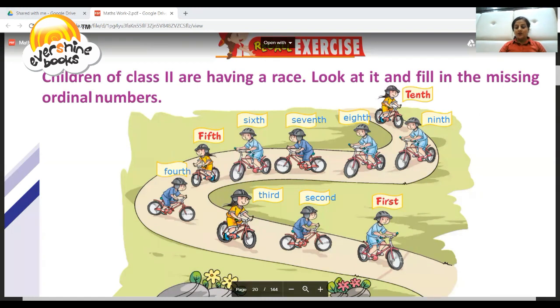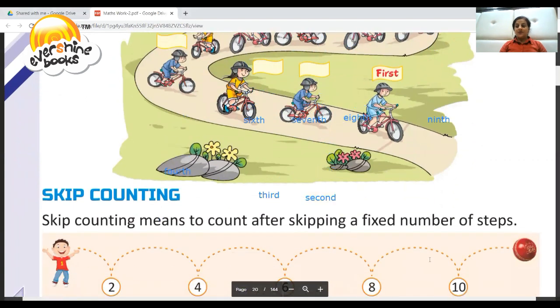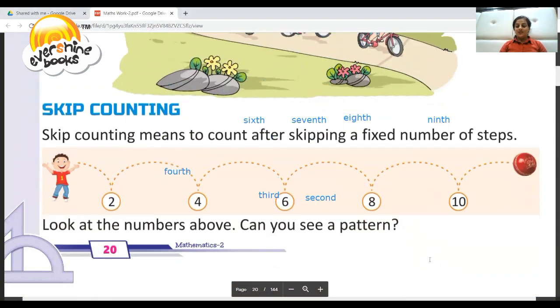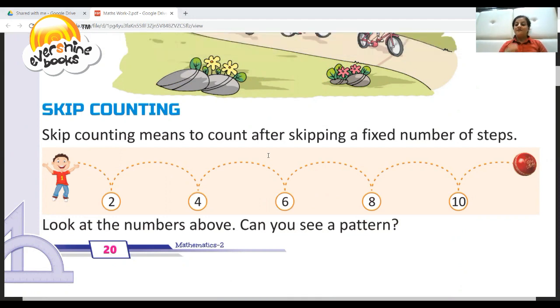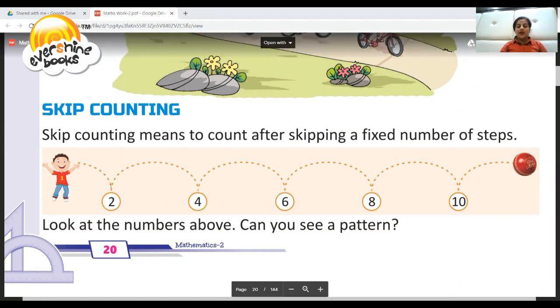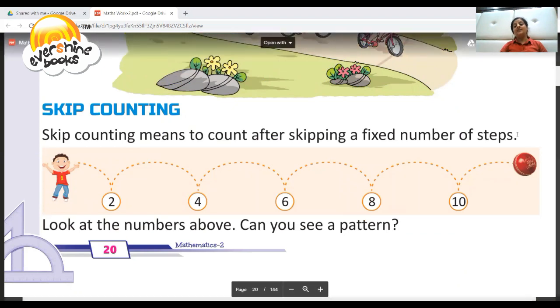Now we are going to do skip counting. What is skip counting? When we skip or we jump, that is called skip counting. In that fixed step, if the boy is throwing ball and ball is going at 2 point, after that 4 point, then 6 point, then 8, and then 10, and then so on, 12, 14.